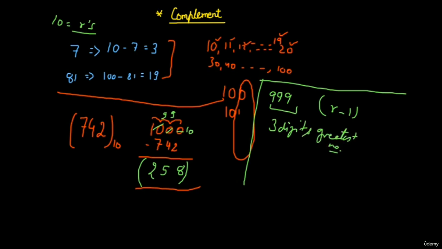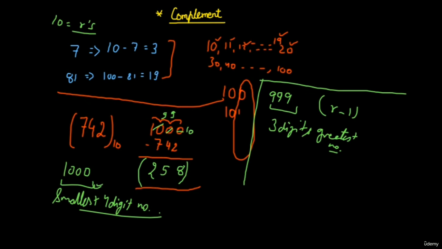And if you look closely, in this case 1000 is the smallest 4-digit number. So we can take it in two possible ways. First, by comparing from the smallest. Second, from the biggest.